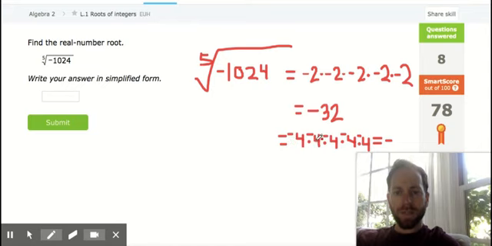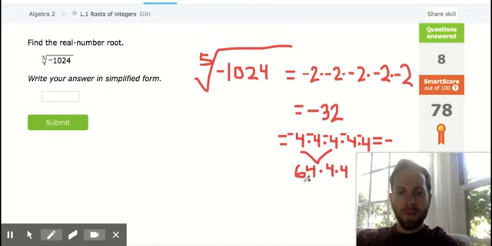4 times 4 is 16, times 4 is 64. 64 times 4. These 3 4s is the 64. And then we have 2 more 4s left over. 64 times 4 is 256.